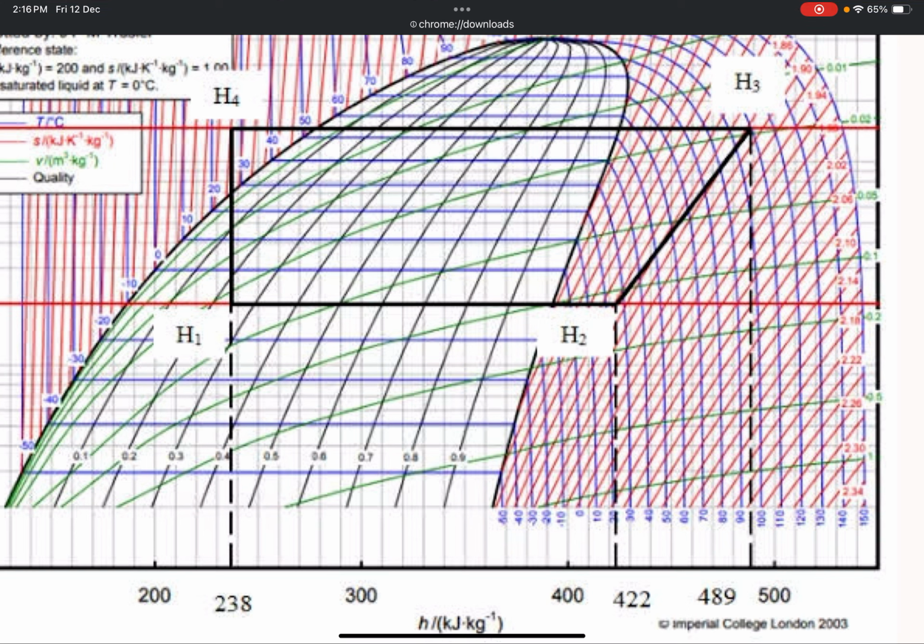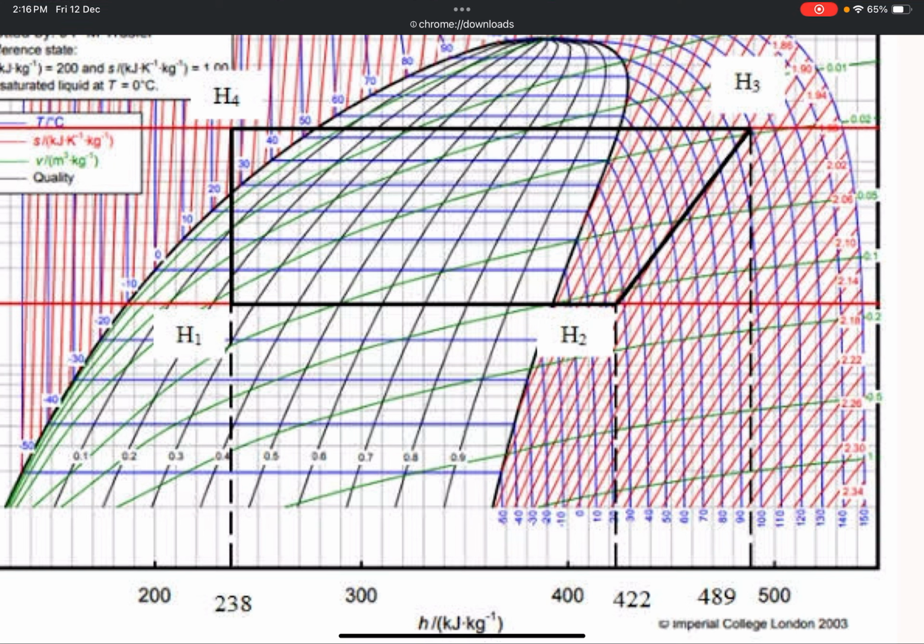The enthalpy would increase in the evaporator from 1 to 2. Then the enthalpy would increase in the compressor from 2 to 3. But the enthalpy would decrease and not increase in the condenser from 3 to 4, whereas there is no change in enthalpy in the expansion device, right? That is from 4 to 1.